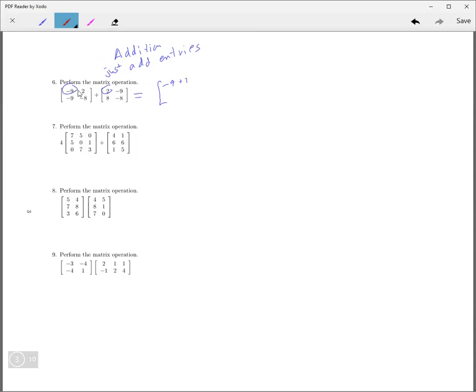And then this entry here will be 2 minus 9. And this entry will be -9 plus 8, and so on. Okay, so -9 plus 2, that's -7, -7, -1, and -16.